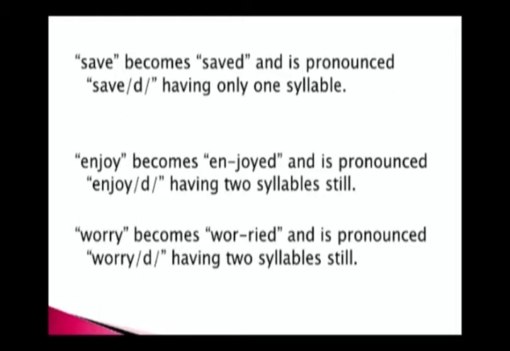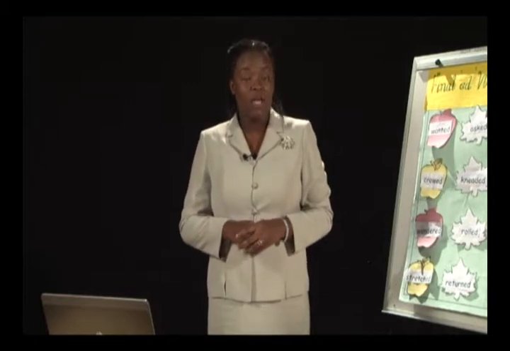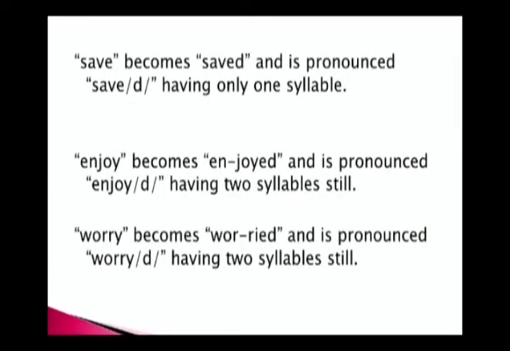Let us look carefully at this verb again. Worry ends with a Y. And as you know already, we change the Y to I before adding the ending. So our past tense verb worried is spelled worried.